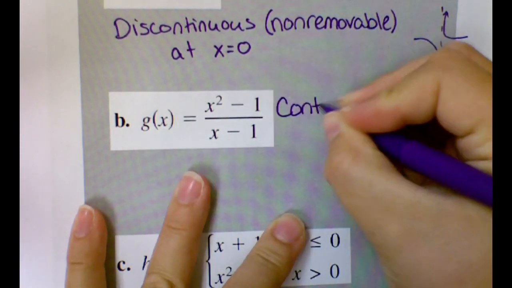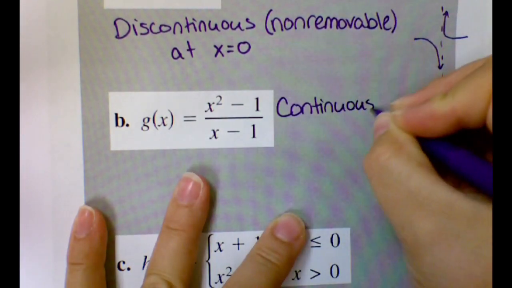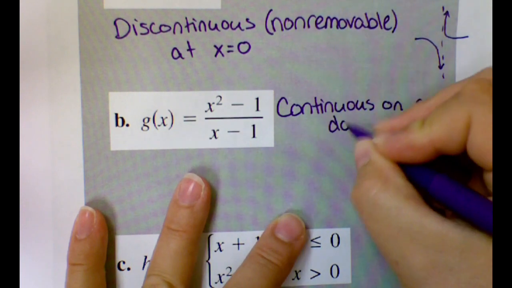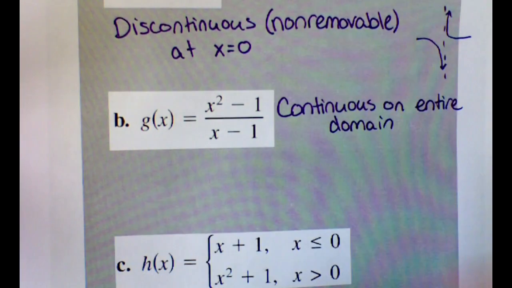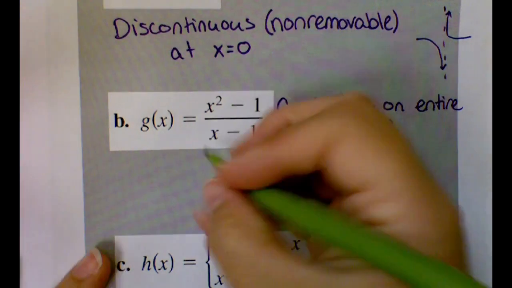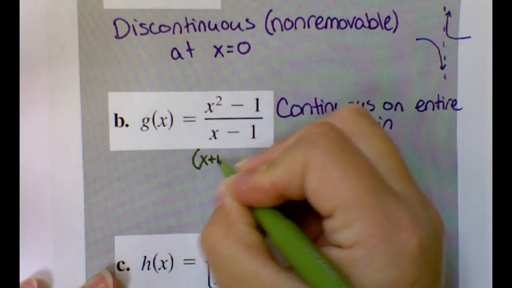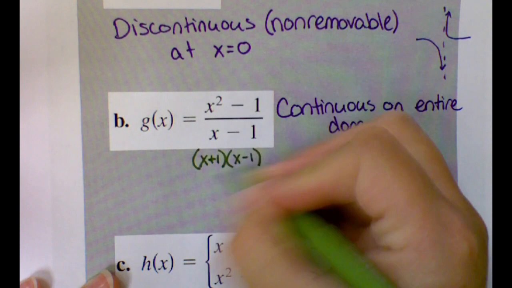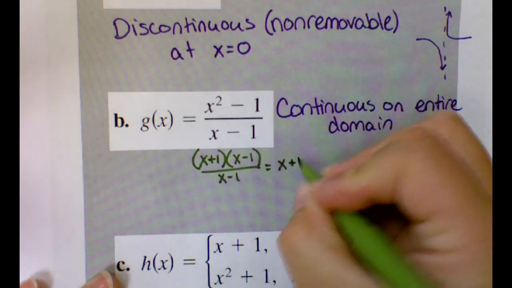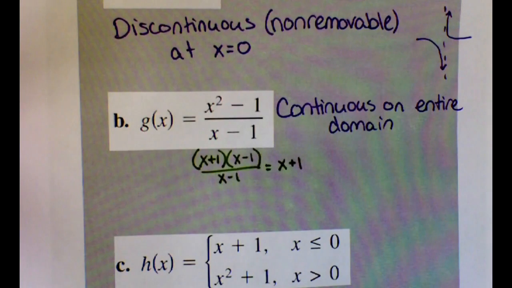So continuous on entire domain. But then I'll look at, can I rewrite this? If I factor the numerator, I get x plus 1 times x minus 1 over x minus 1, and then that becomes x plus 1. Well, that's just the line.